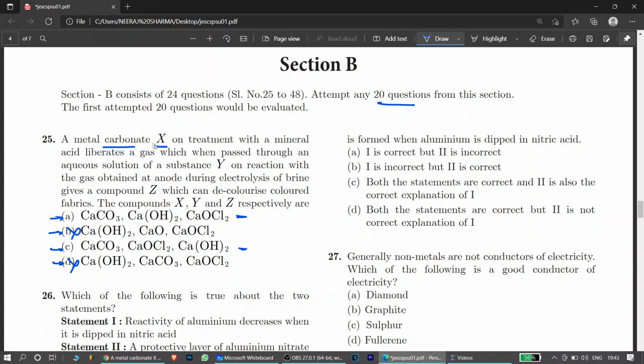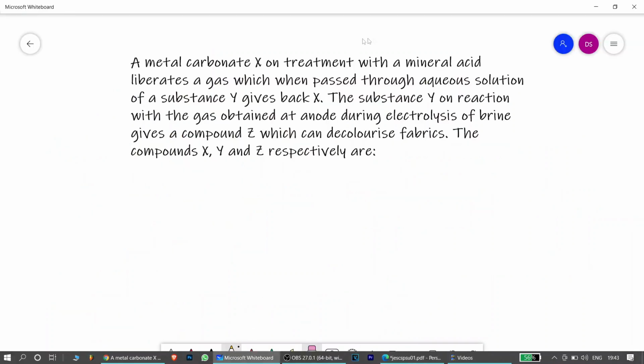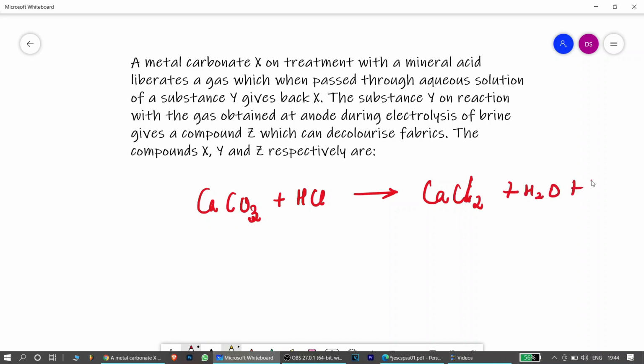So when we treat X with the mineral acid, it liberates a gas. First of all, let us do the reaction of calcium carbonate with mineral acid, which is HCl. It is going to give us CaCl2 plus water plus carbon dioxide, and carbon dioxide is the gas, as you already know.